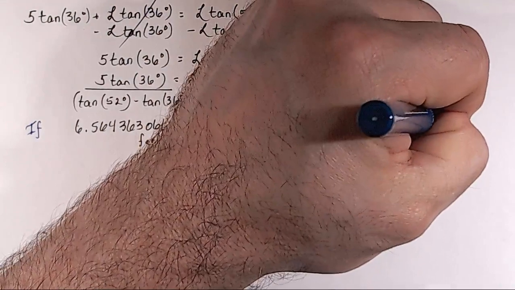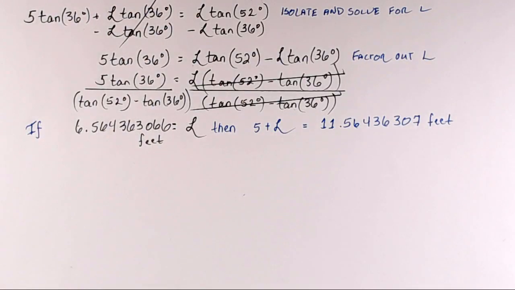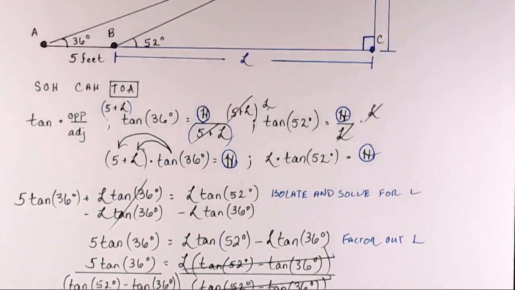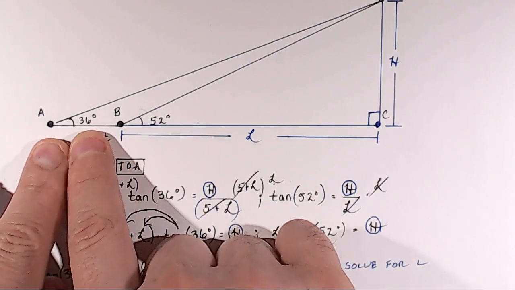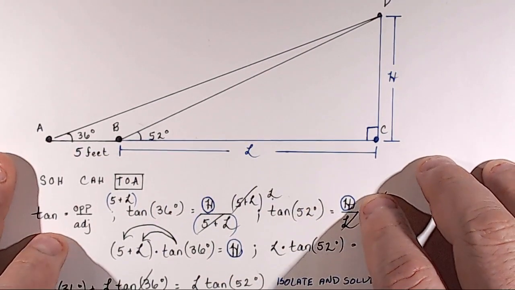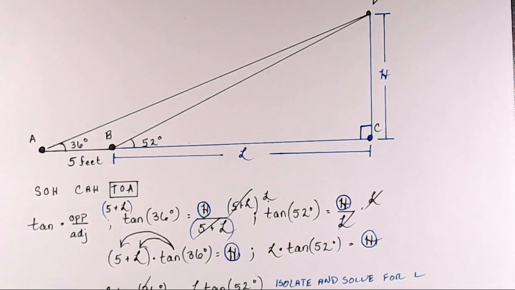And the reason I'm leaving this intermediate value really long is because we're going to be using this value to compute another trigonometry function, so I don't want to clip it too early. Because now I'm going to use the fact that I know L and I know 5 and I know 5 plus L. I'm going to use that to compute H. It's going to be really easy.